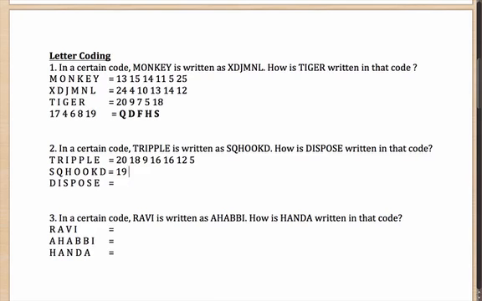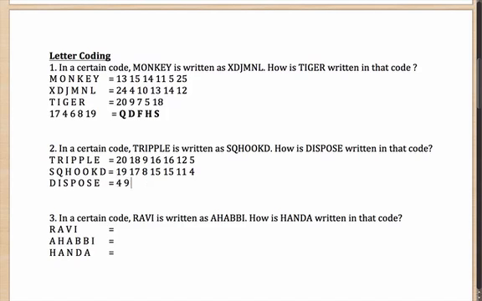S is 19, Q is 17, H is 8, both O's are 15 each, K is 11, and D is 4. So as you can realize, you should be able to figure out the connection in this within or less than 30 seconds. What is the connection here? Everything is getting reduced by 1, very, very obvious. So that is what you need to do for dispose as well.